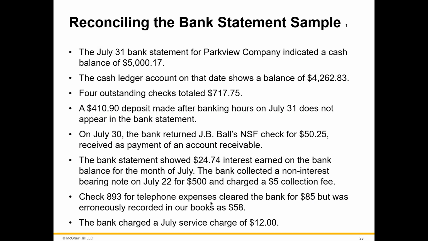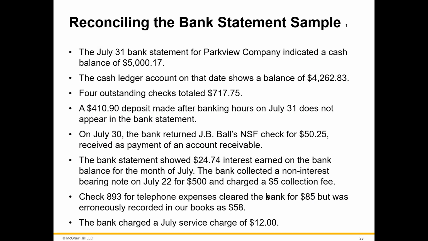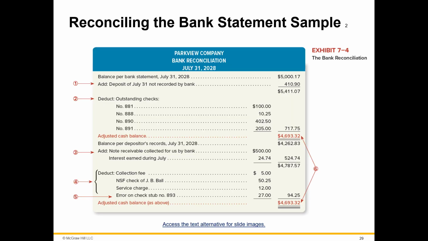And it looks like there was an error made that cleared the bank for 85, but we had recorded it for 58. And so the difference between those, let's see, 85 and 58, the difference there is $27. So that's there, and the service charge. So you can see adjustments are being made per bank balance and I'm going to call it GL balance, or per depositor's records.